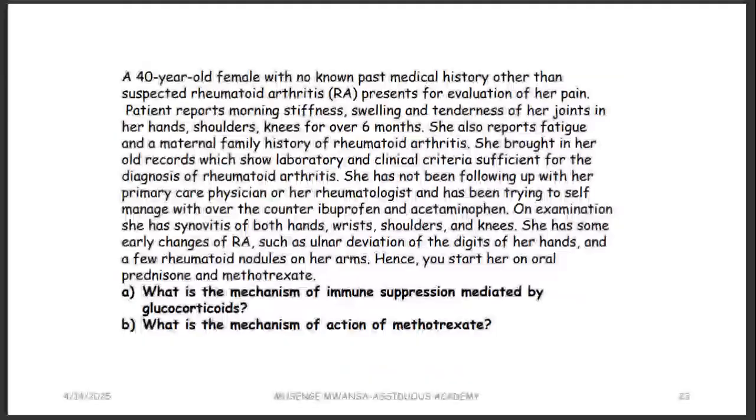So basically that is it about this topic. There's a question here that you can answer. A 40-year-old female with no known past medical history other than suspected rheumatoid arthritis presents for evaluation of her pain. The patient reports morning stiffness, swelling and tenderness of her joints in her hands, shoulders, and knees for over 6 months. She also reports fatigue and a maternal family history of rheumatoid arthritis.